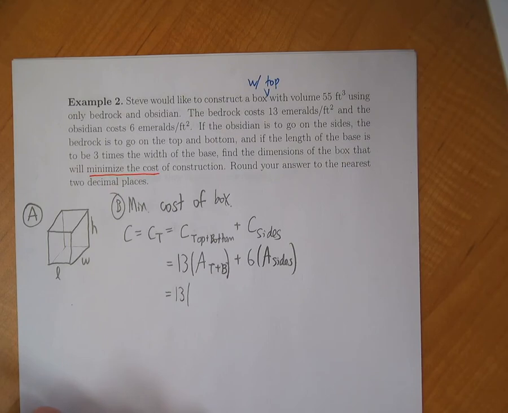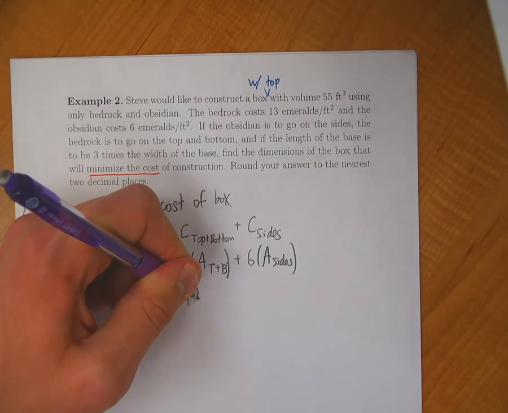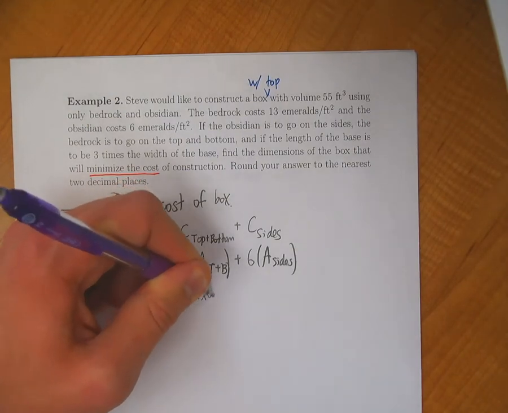We have 2 faces of dimensions L and W. So what is their total area going to be? Maybe 2 plus LW? Now it's not 2 plus LW. Or 2 times LW? 2 times LW, right?